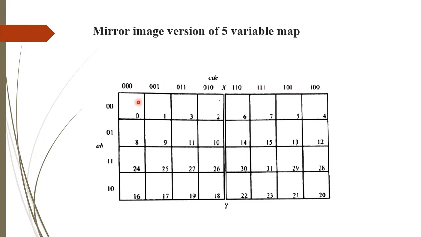They have continued the cells as 0, 1, 3, 2, and next 4, 5, 6, 7, so that there is only one bit difference between the adjacent cells. This is one way of doing the 5 variable K-map.